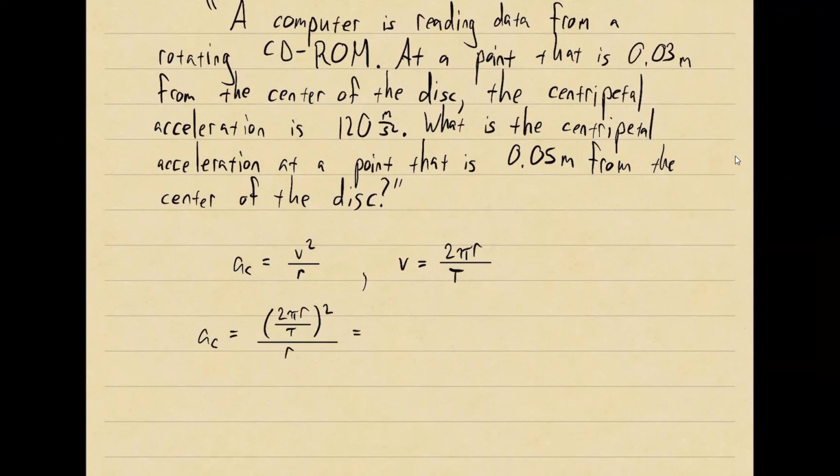So up top we have 4 pi squared times r squared divided by T squared, and we're dividing all of this by r. So this is going to be equal to 4 times pi squared times r, all divided by the period squared.